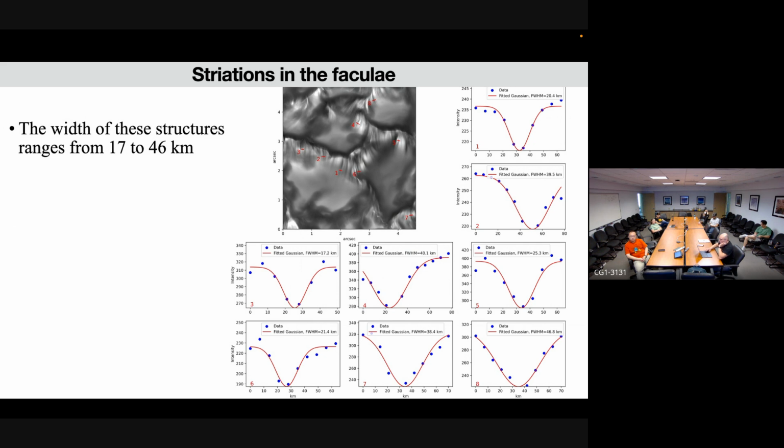So again, the question is the same here: do these structures exist at finer scales? Actually, we are now analyzing a higher resolution MURaM simulation and synthetic G-bands, and it looks like there are shorter, narrower structures in the solar photosphere.